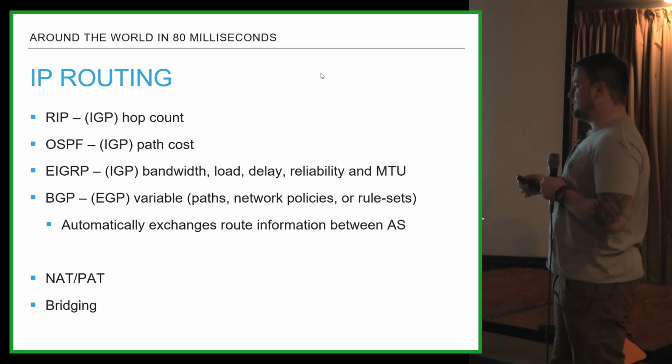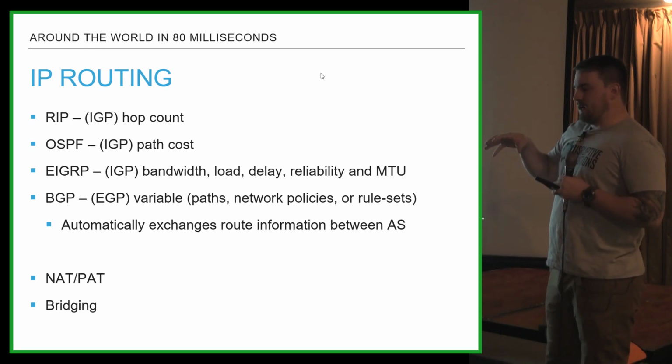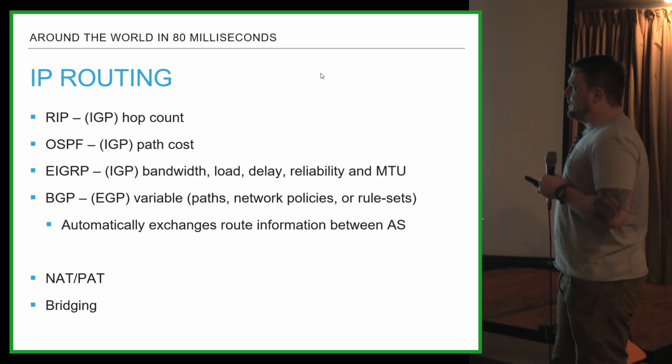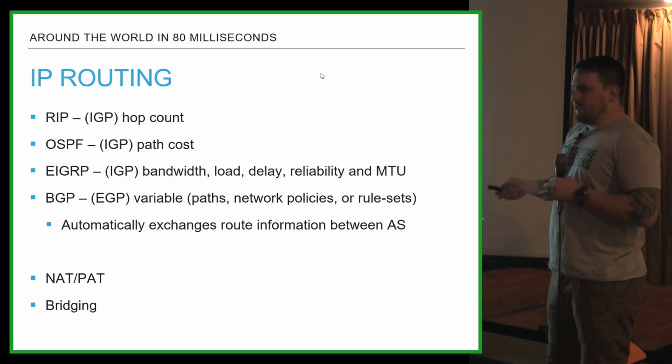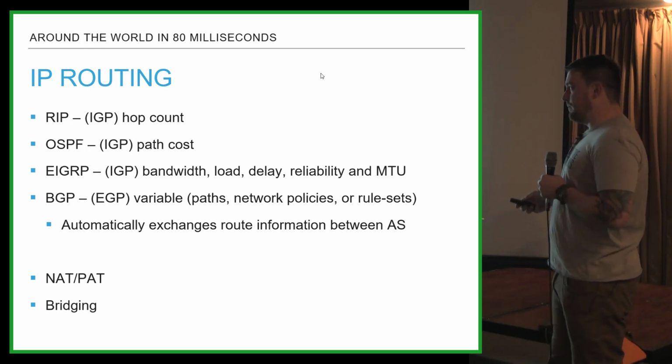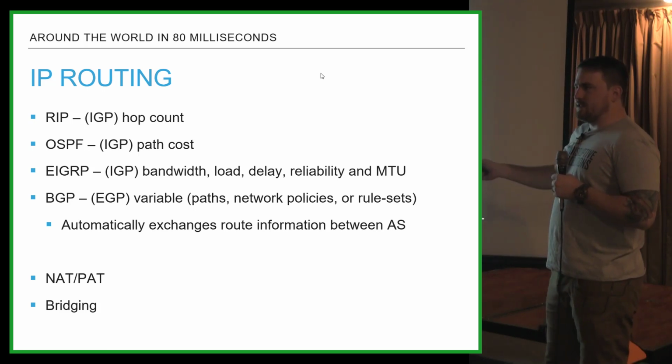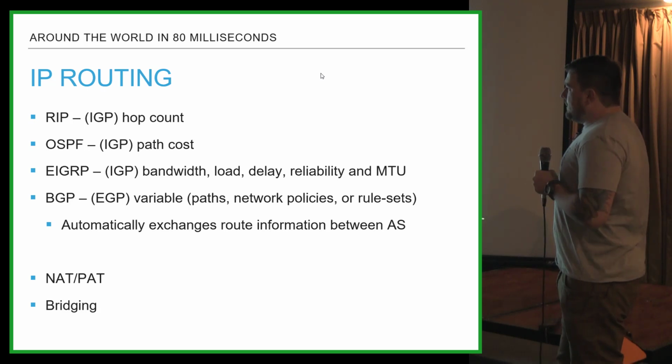And then BGP is what's used to inform other autonomous systems about each other. Like with ISPs, there's not just one of them, so they need to know about each other, and which networks each other is capable of routing to.